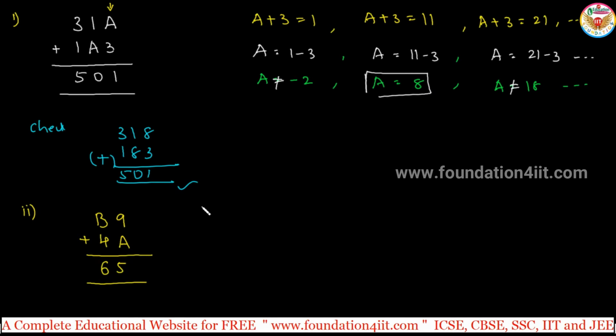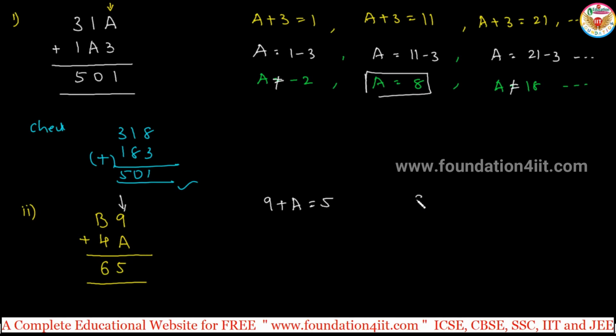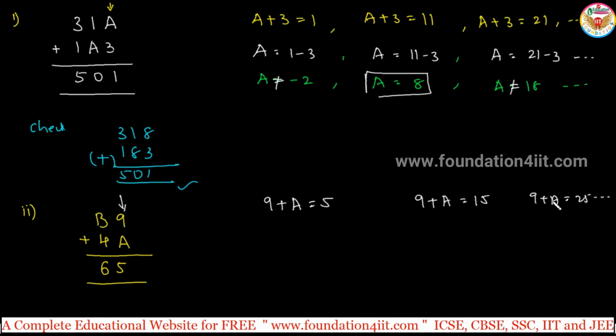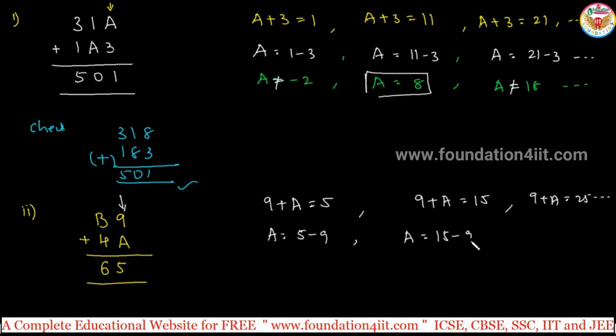So same pattern, if you observe clearly, 9 plus A, this units place. 9 plus A must be 5, or 9 plus A must be 15, or 9 plus A must be 25 and so on, right? From this A is equal to 5 minus 9, or A is equal to 15 minus 9, or A is equal to 25 minus 9, so on.